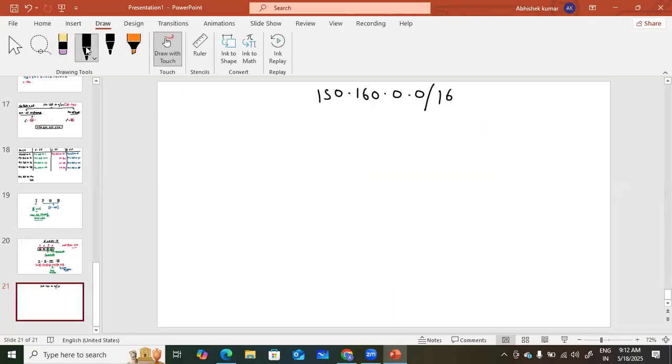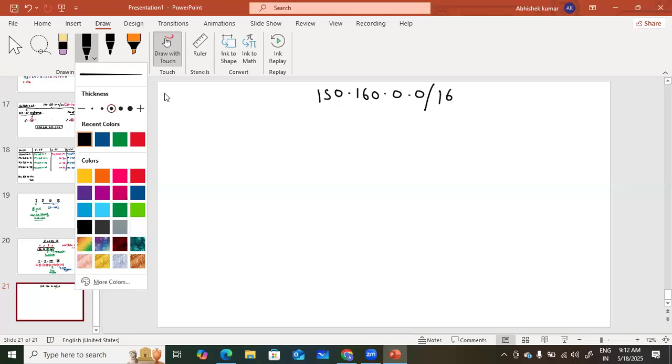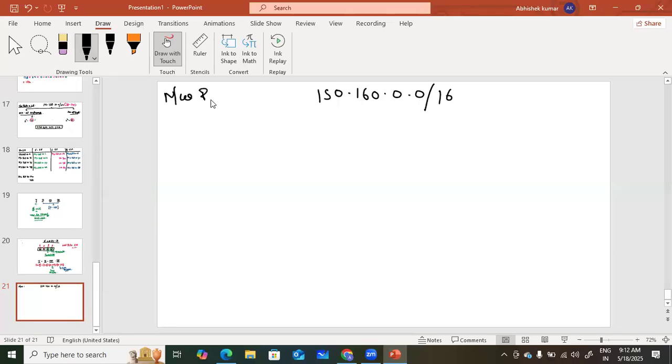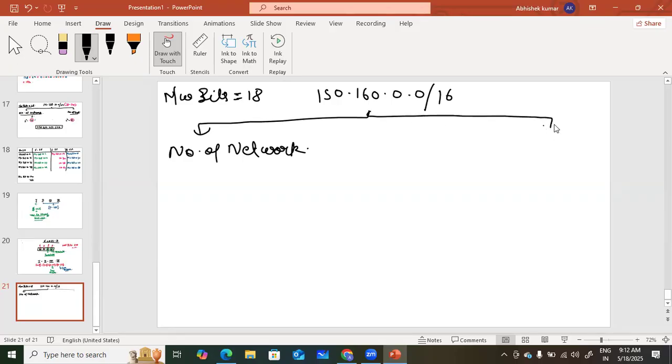Fine. Now, the number of bits given to me is 18, let's suppose. Let's find out: first I have to calculate the number of networks, and then the number of hosts.